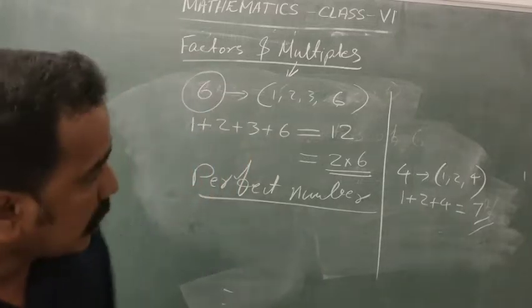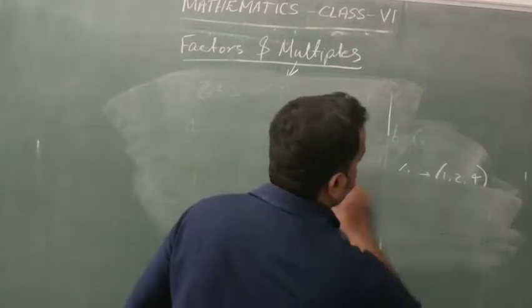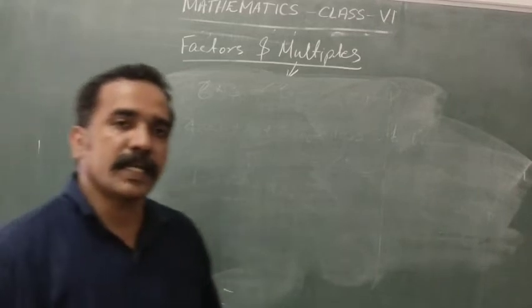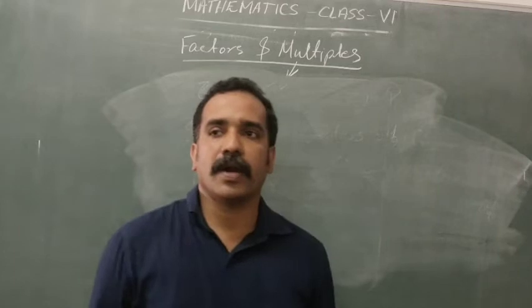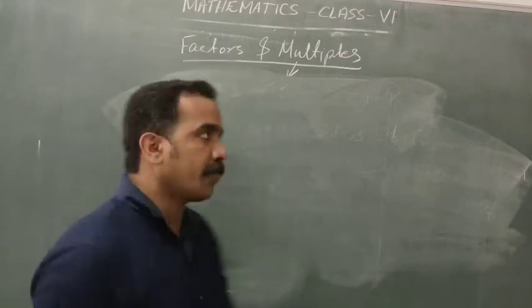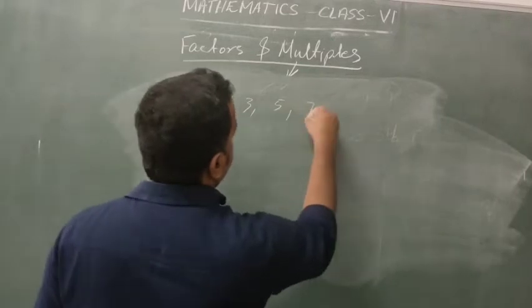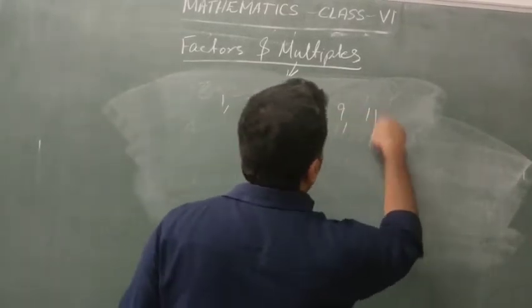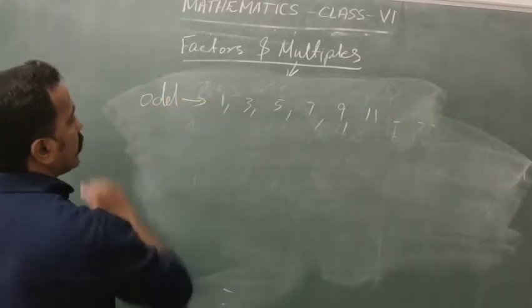Now another type of number is odd and even numbers, which you know already. The numbers that cannot be divided by 2 are called odd numbers. Odd numbers are 1, 3, 5, 7, 9, 11, etc. This you already studied.